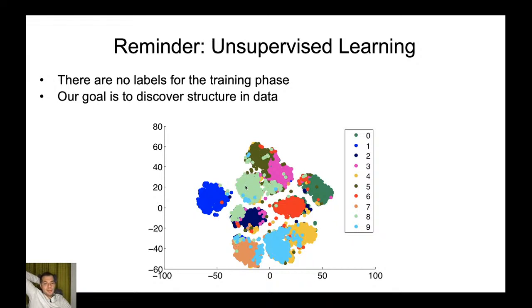We proposed this clustering algorithm for images, and then we clustered the images with our algorithm, and in order to see how the clusters look with respect to the ground truth labels, we analyzed the t-SNE visualization. So here we have the clusters that we obtain, and here we have the visualization of the cluster assignments.